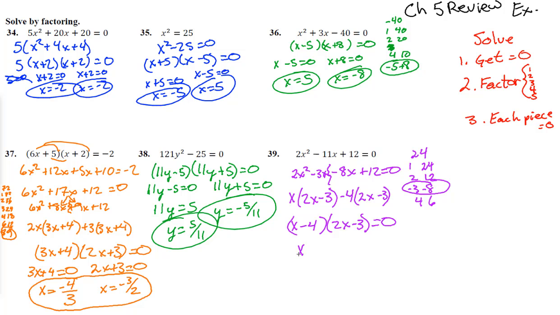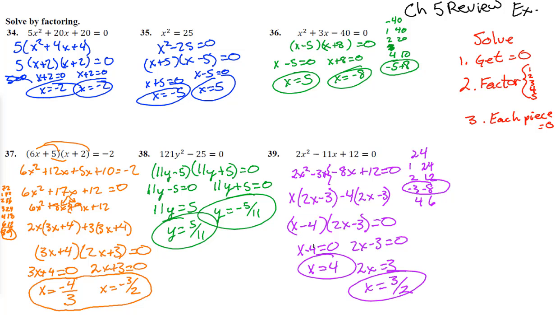So we have x minus 4 equals 0 and 2x minus 3 equals 0. That's the power of multiplying to 0. If one of them is 0, you have an answer. So x equals 4 and 2x equals 3. x equals 3/2. Okay, good deal. There's 34 through 39.